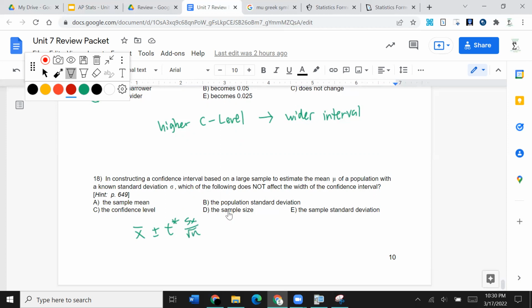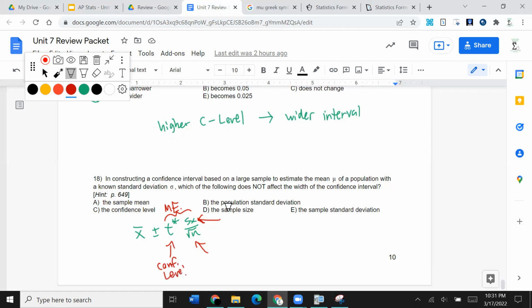The sample size will affect the width of the confidence interval. So I plug in a number here. The bigger that number, the narrower that's going to be. The standard deviation also affects the width because the margin of error is all this stuff here. Confidence level will affect your critical value, whether that's Z or T, doesn't matter.